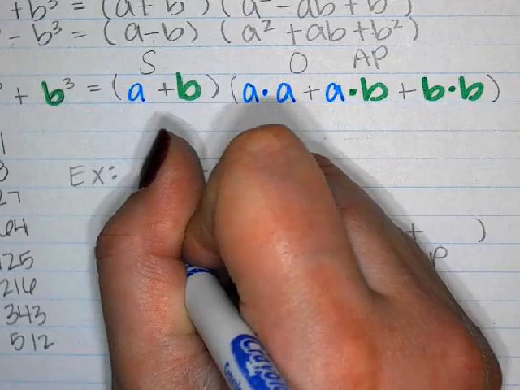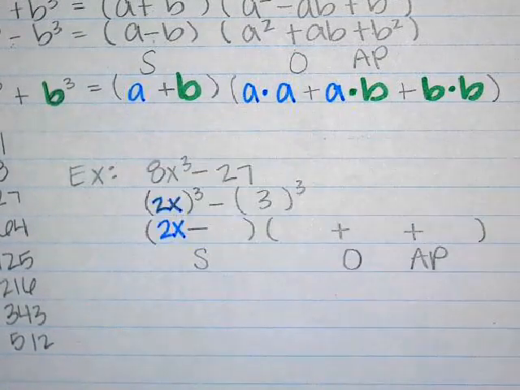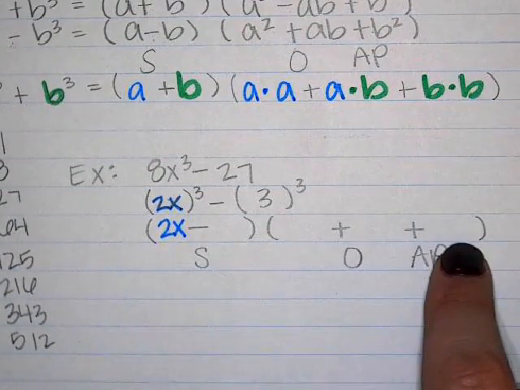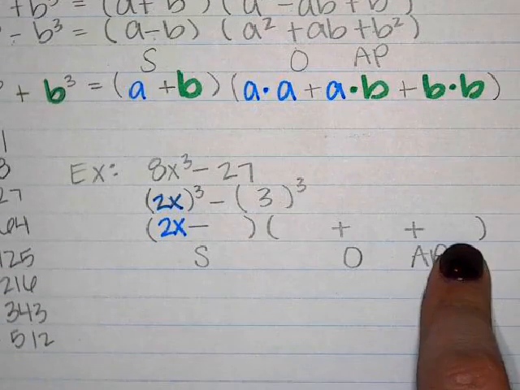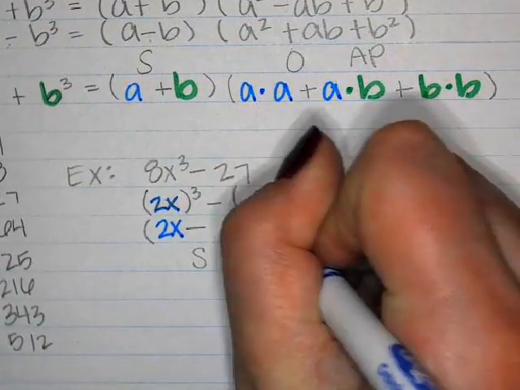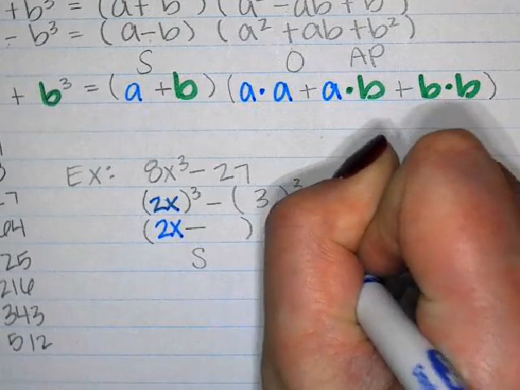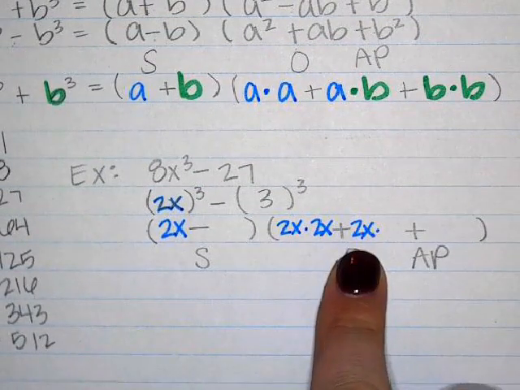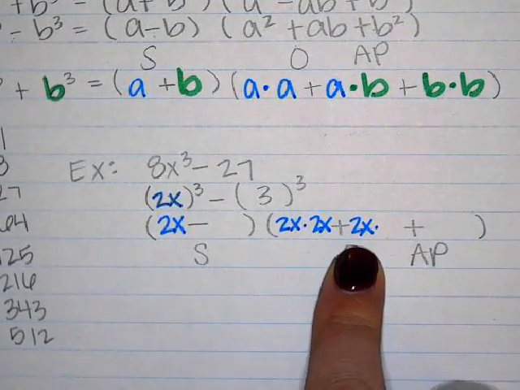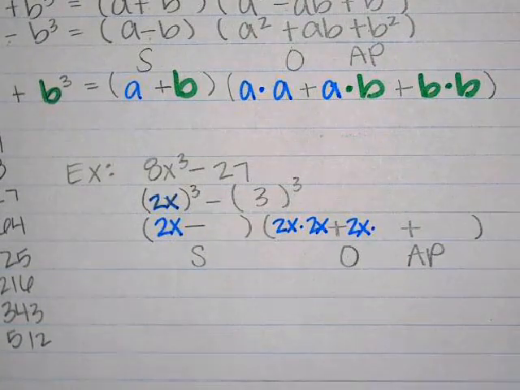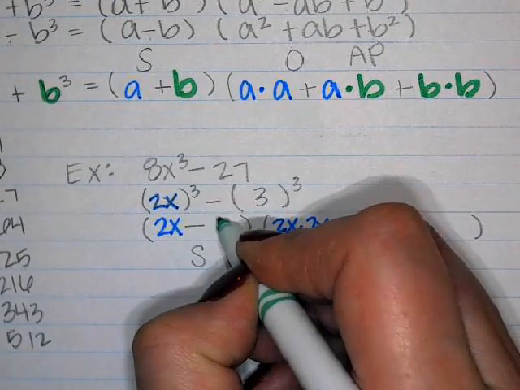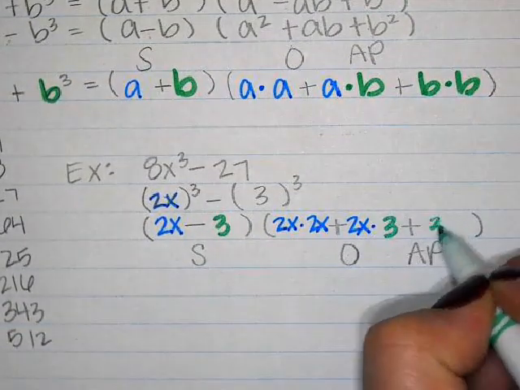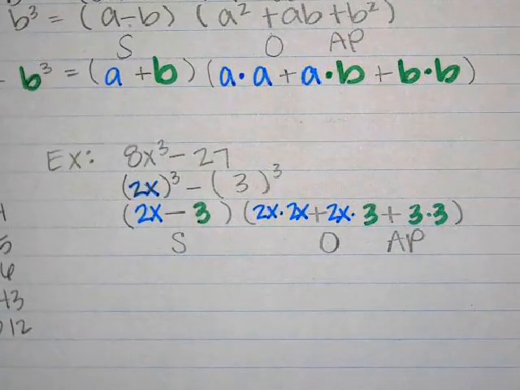But each color only gets half. So I'm going to do 2x times 2x, 2x times, but I have to stop because I'm halfway through the parenthesis. Does that make sense? Now I switch colors and do the other half of the parentheses. 3, times, 3 times 3. So I've got 1 and 1, I've got 2, 2, 2, and I've got my colors for half of the parentheses. So I followed the pattern.